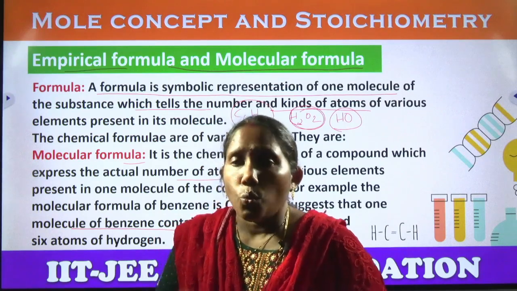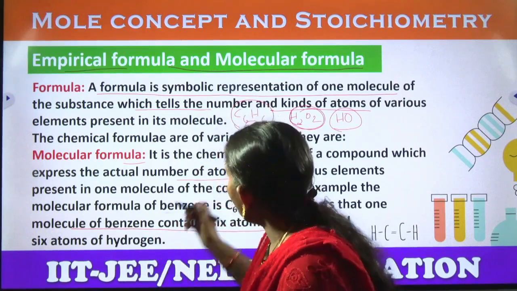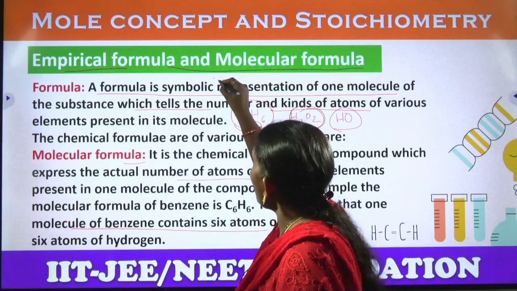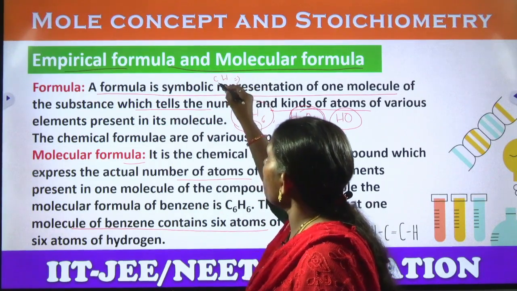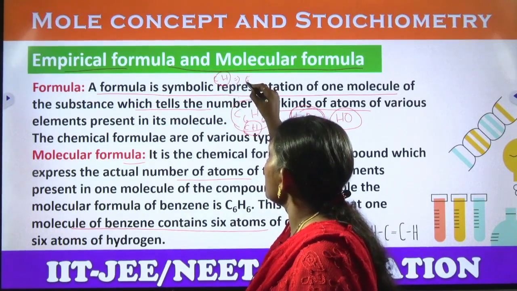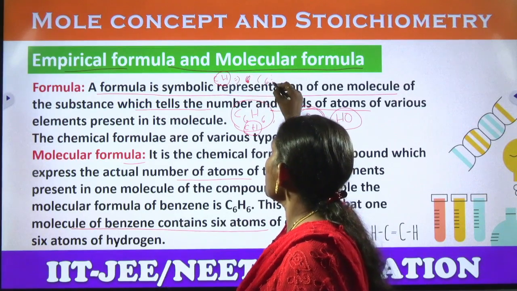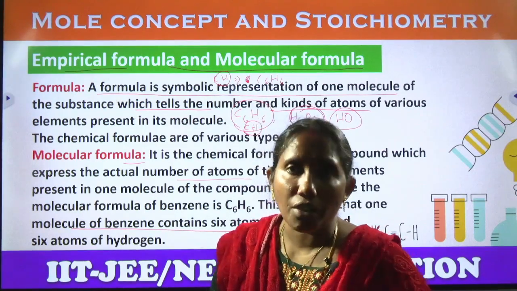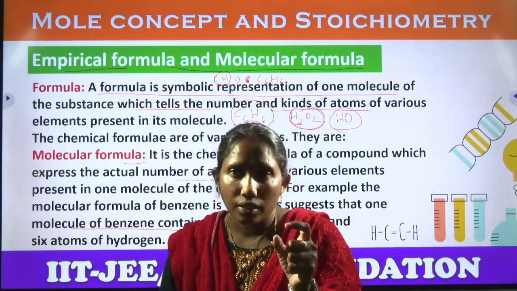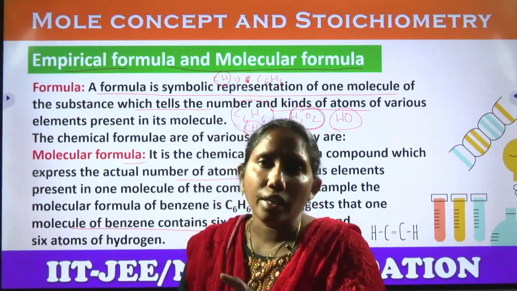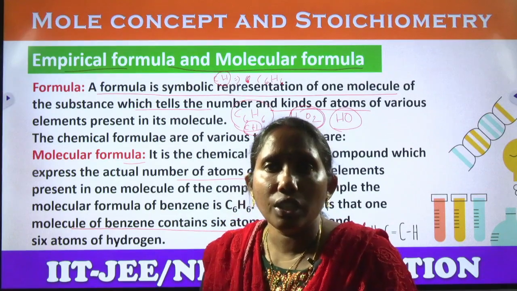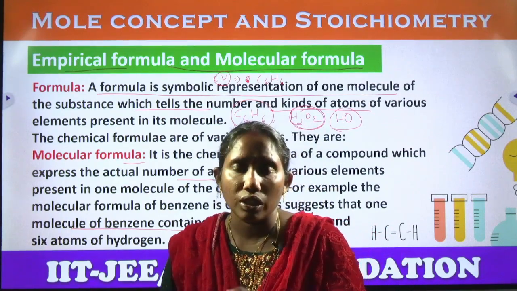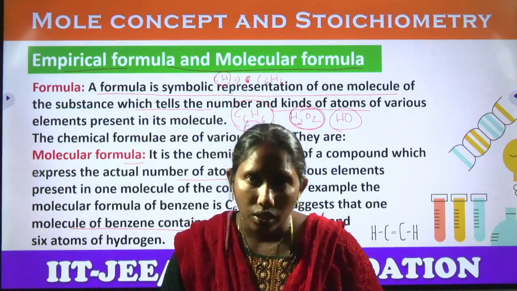See, CH is the empirical formula. If you multiply this CH by 6, that gives you C6H6, that is its molecular formula. So one factor differentiating the empirical formula unit and the molecular formula unit is called the N factor.